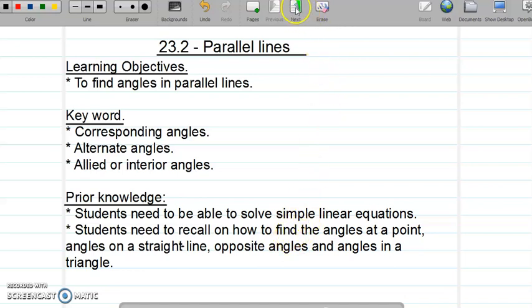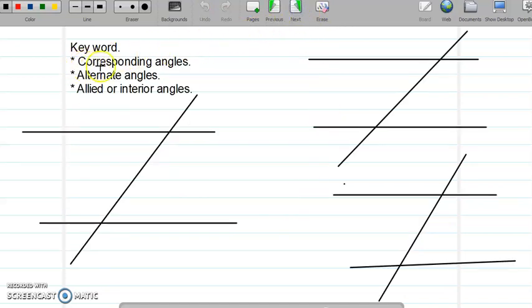Okay, so let's look at corresponding angles. When do we say that angles are corresponding? For me to find corresponding angles, I always look at the letter F. Once I have the letter F, it gives me an idea of how the corresponding angles would be.